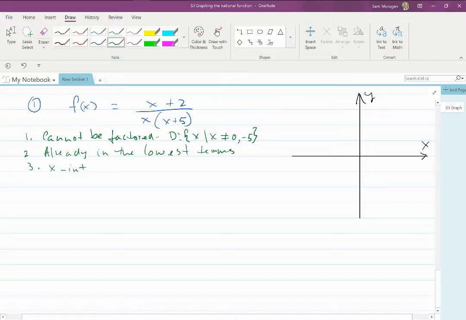Remember, I told you to set the numerator of the function equal to 0, because if we set this function equal to 0, we're in reality setting the numerator equal to 0. So set x plus 2 equal to 0. So this gives x is equal to negative 2 is the x-intercept. We can go ahead and mark that point on our graph. Negative 2.